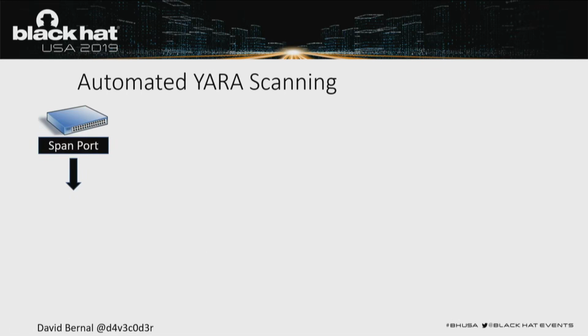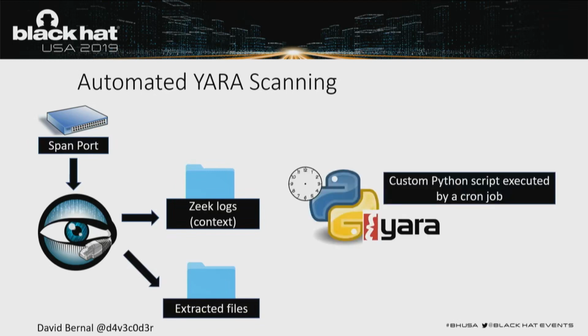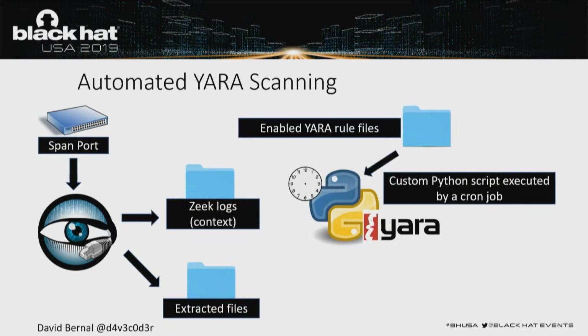So we will have our spam port. We will send that to our Zeek sensor, and now that we have configured the file extraction functionality, we will send those files to a specific folder of extracted files. Then we will have a cron job that will run my custom Python script every minute, and that custom script will take all the YARA rules that are defined on a specific folder and will scan all the extracted files from Zeek with those rules.